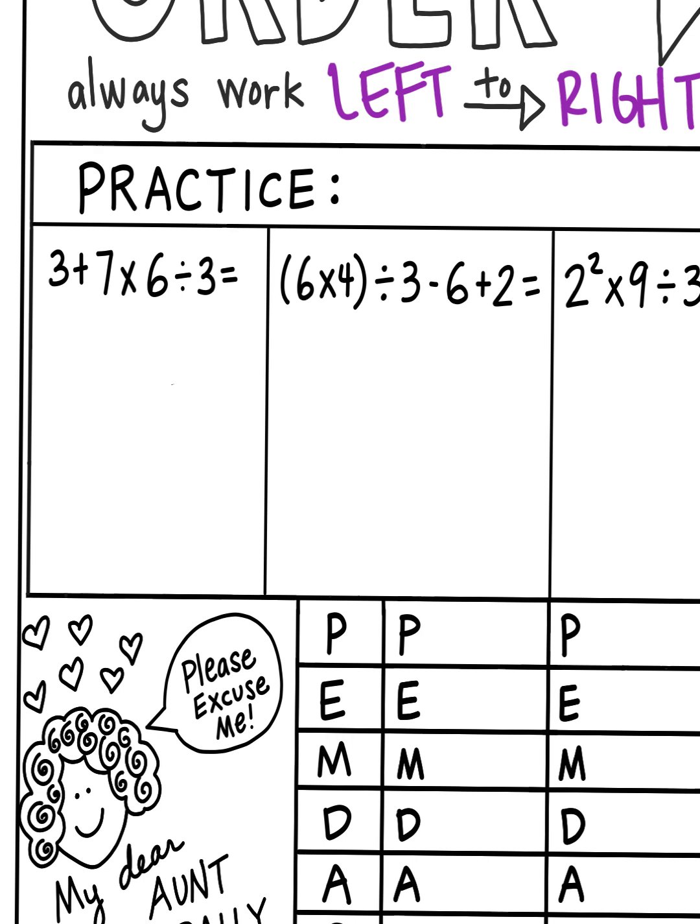Which one comes first? The multiply comes first. So I need to solve that part first. So I'm going to solve 7 times 6, which is 42. And I'm going to bring everything else that I have not done down.